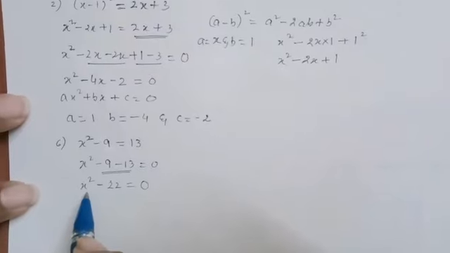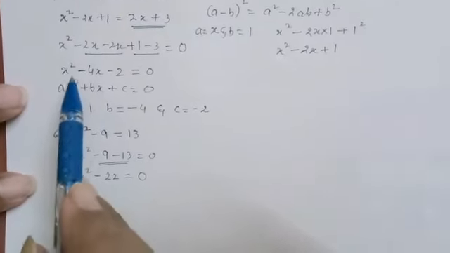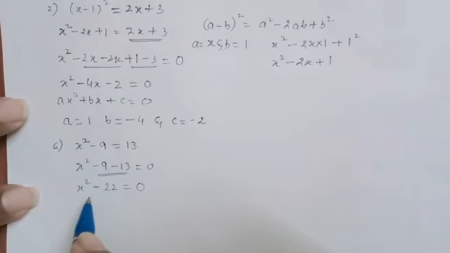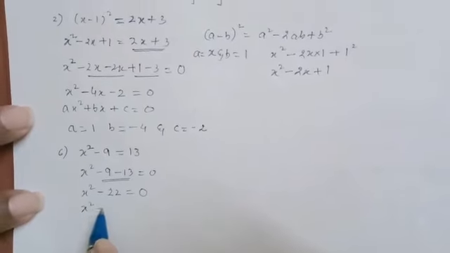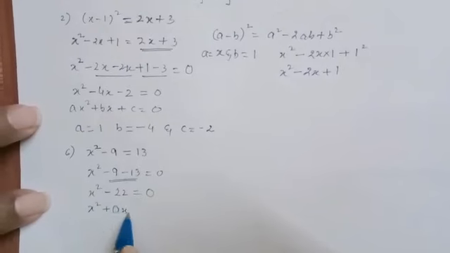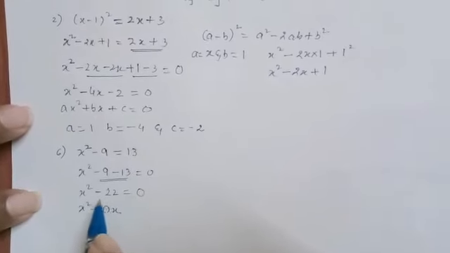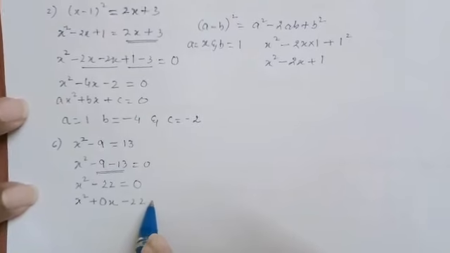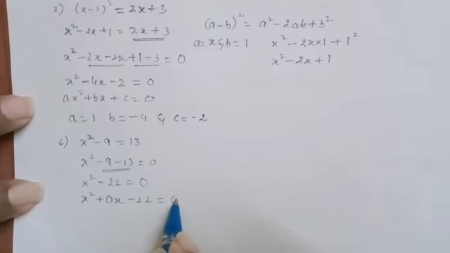So if I say this is totally different from this, it has an x term but this doesn't have an x term, no problem, we can write the x term in terms of 0, that is plus 0x, and you have a pure number, so that minus 22 I am going to write a little bit to the right side, and now it will be equal to 0.